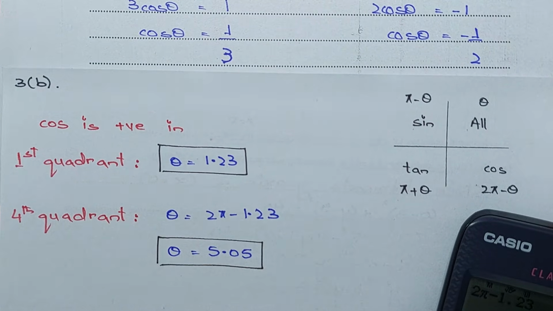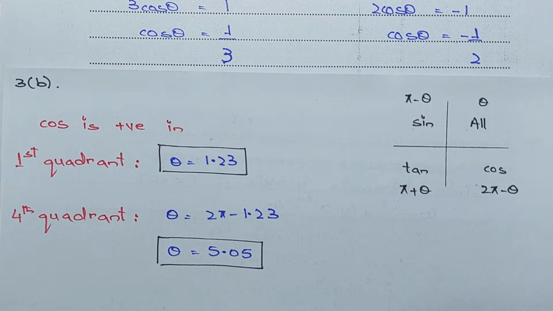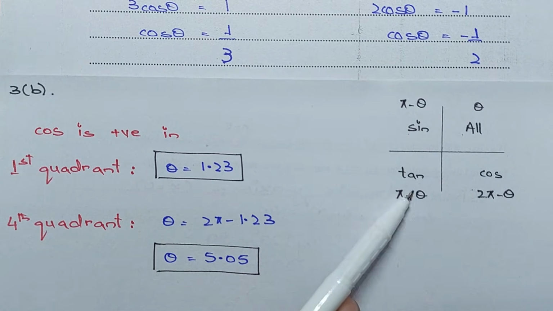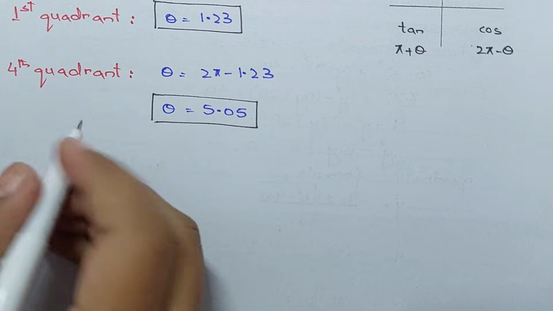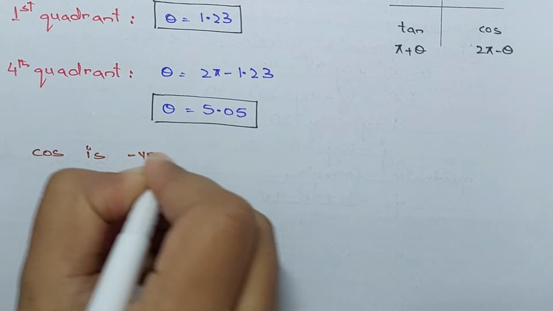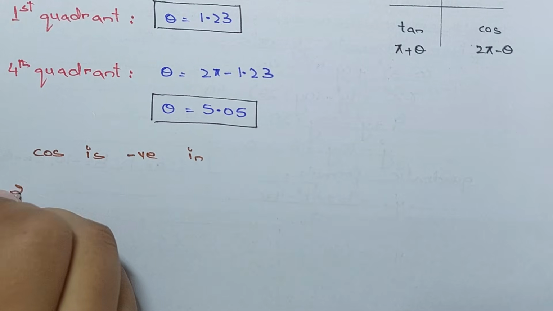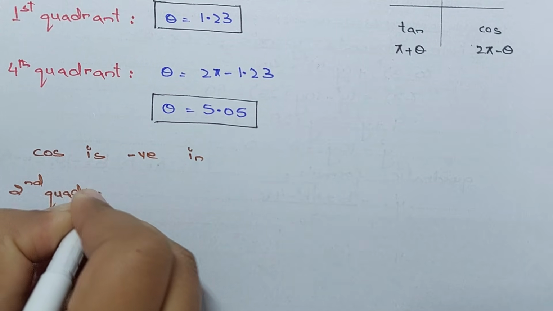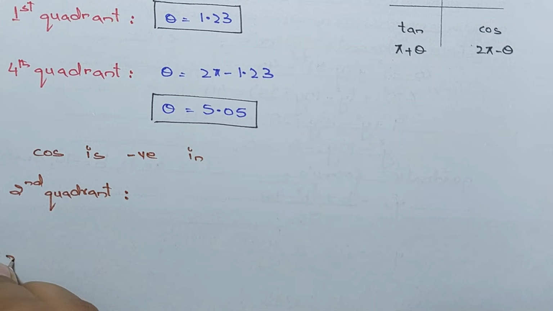Now we have the second case when cos is negative. Here you can see cos is negative in the second and third quadrants. So we can say cos is negative in the second quadrant and in the third quadrant.